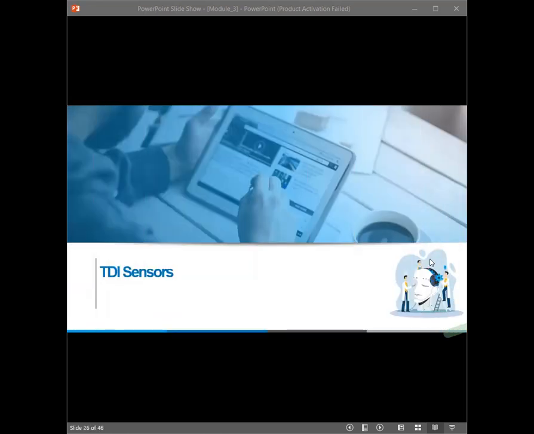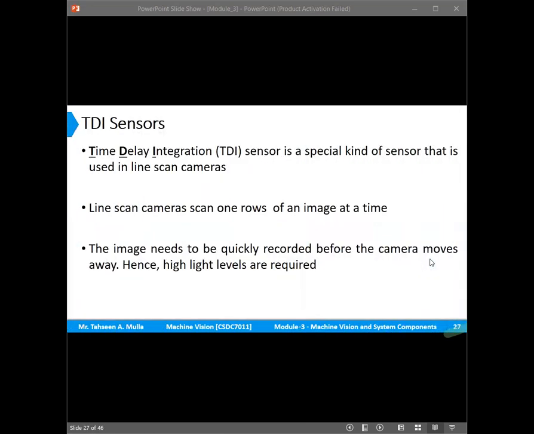TDI sensors are nothing but time delay integration sensors. We'll see that too. This is a special kind of sensor that is used in line scan cameras. Now, there are different camera types: line scan cameras and area scan cameras.